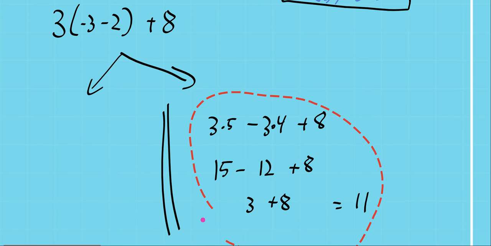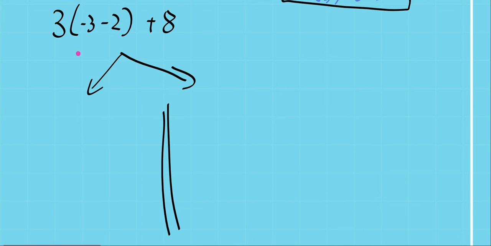Let's get rid of this previous stuff. So we could do negative 3 minus 2. So negative 3 minus 2 is negative 5. 3 times negative 5 is negative 15. And if we add 8, we get negative 7.